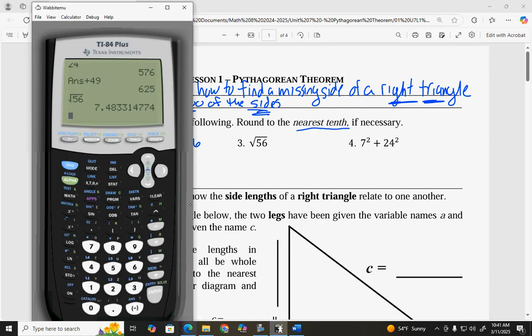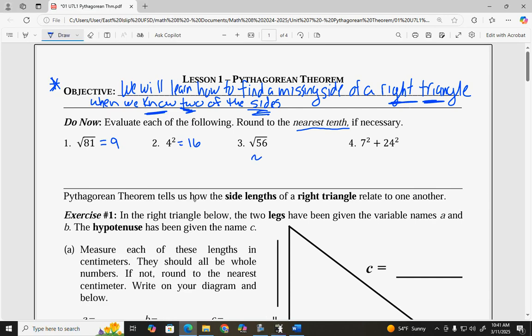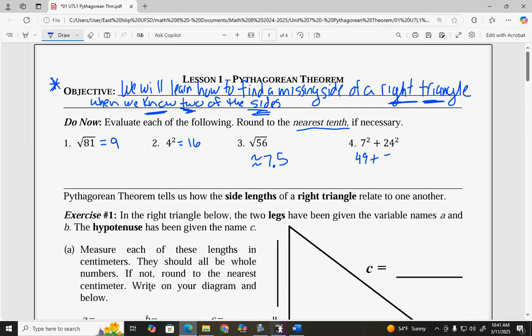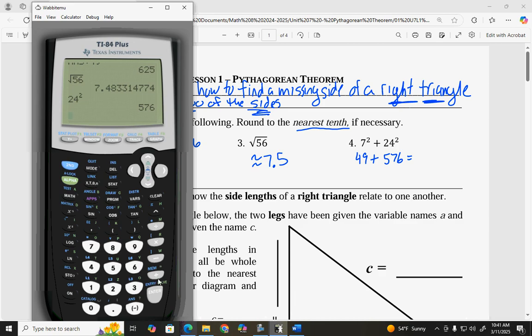So I will write 7.5. And then finally, 7 squared plus 24 squared equals, and you probably did this quicker than I did, 625.